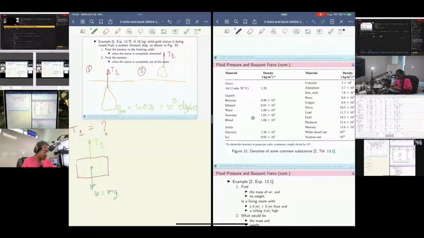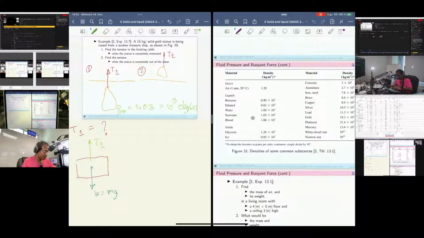I don't know how they could know the mass of this object before. Maybe this is the specification written in the palace before. Of course, W is the mass of the statue times g, and B is the buoyant force, rho fluid V times g.